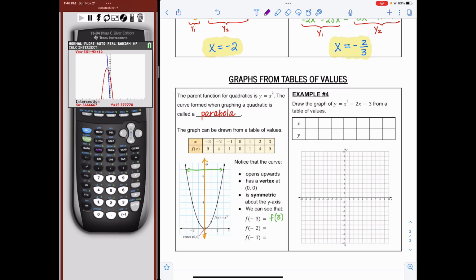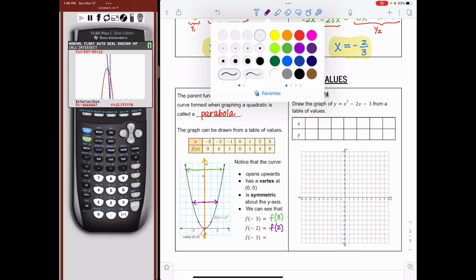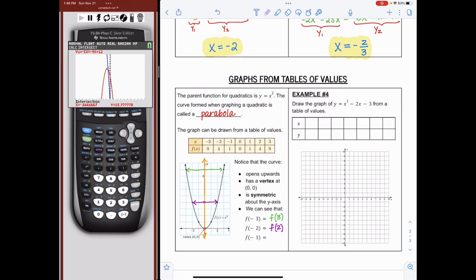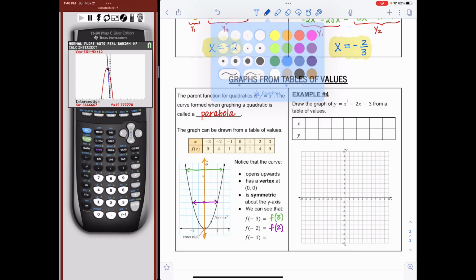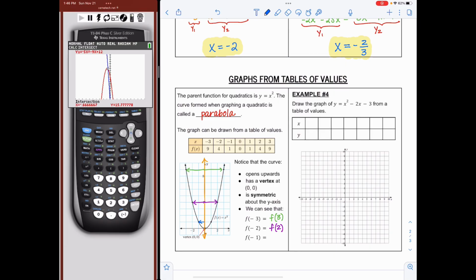I can also see that f of negative 2, which is the y value when x is negative 2, should be the same thing as when the x value of this function is positive 2. And last but not least, I see that f of negative 1 should be the same as f of positive 1.